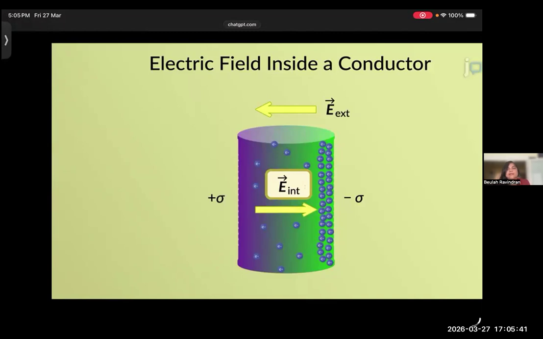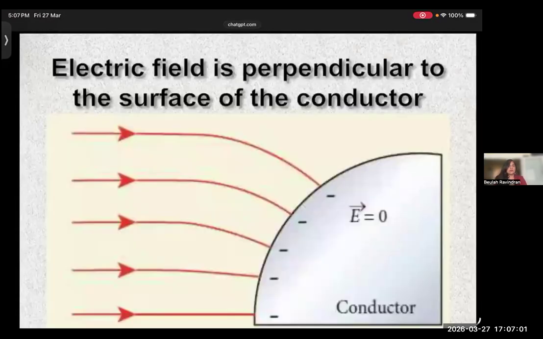So basically, the charges rearrange until the internal field cancels, until the field is 0. Got it? Then we'll move on to the next. What is the next given in your book? Then I taught you the electric field is perpendicular to the surface of the conductor, right?